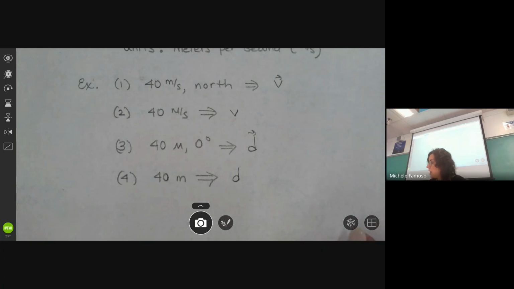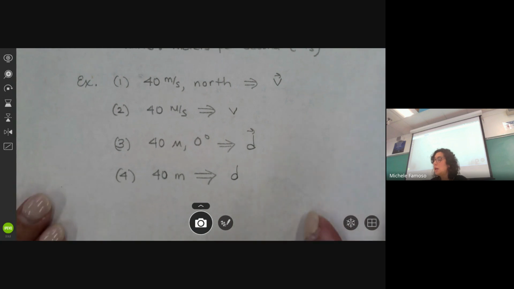All right, can we go on? Can I go to another page? I now want to talk about how you get velocities from a position time graph.